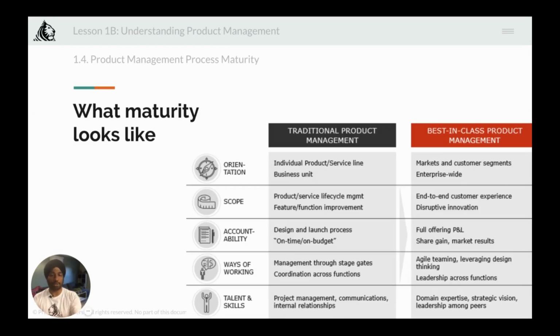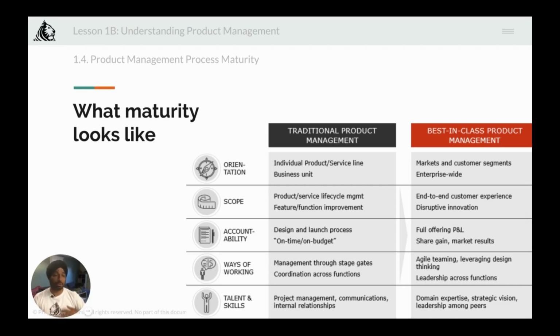And what does maturity look like? Well, a traditional product management versus a best in class product management. The orientation is much more customer segment and market oriented when it comes to the better product managers. The scope is end to end customer experience and not very specific.